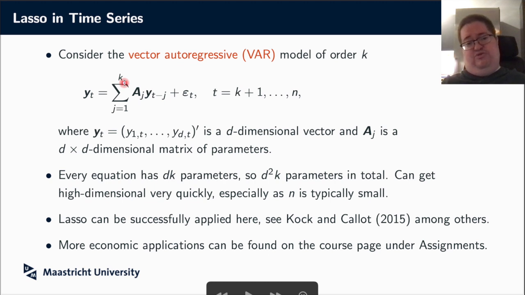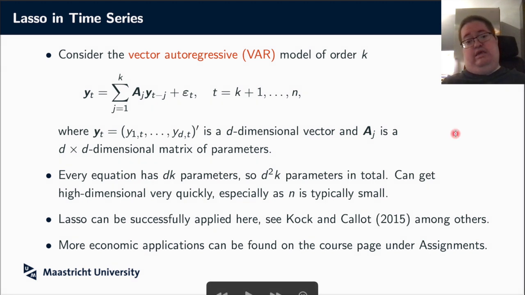Well, this of course very quickly becomes high dimensional. In particular, if you think about where these VAR models are often applied in macroeconomics, their n is not very large. We often have no more than quarterly data in macro, and if you have 50 years of data, that's already a very large amount of data. So you would have an n equal to 200.